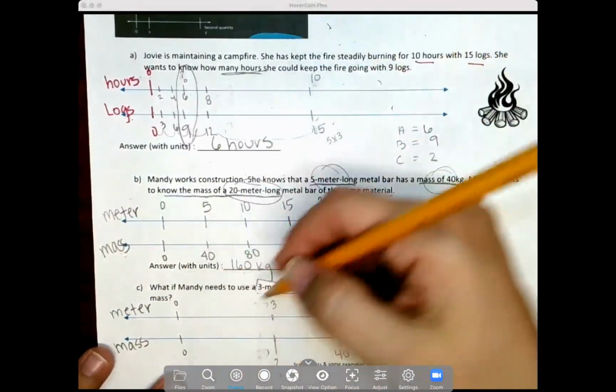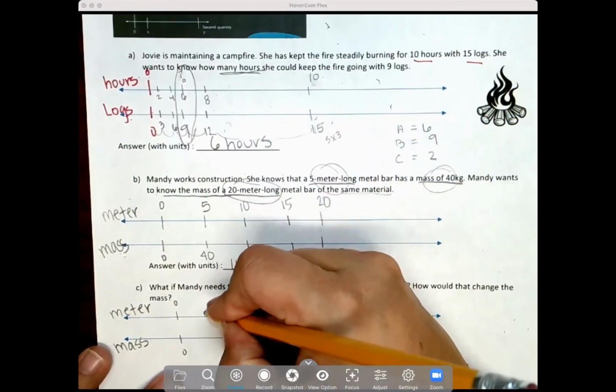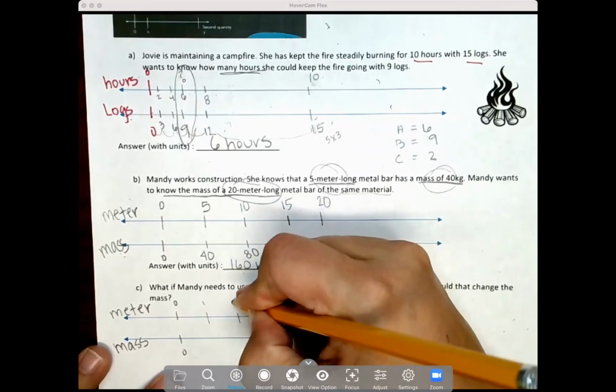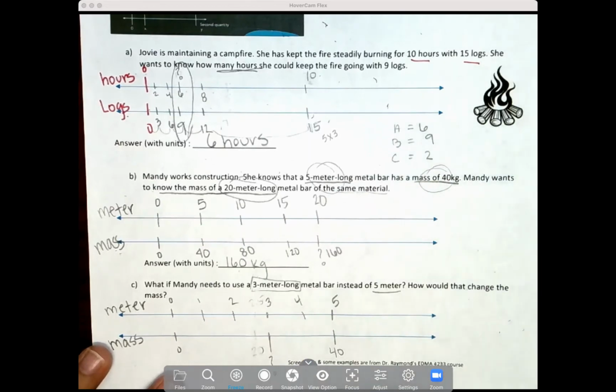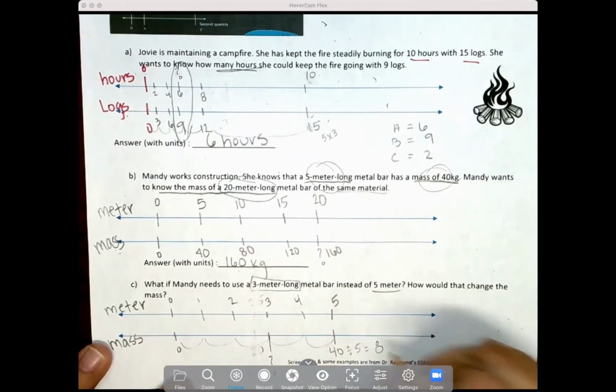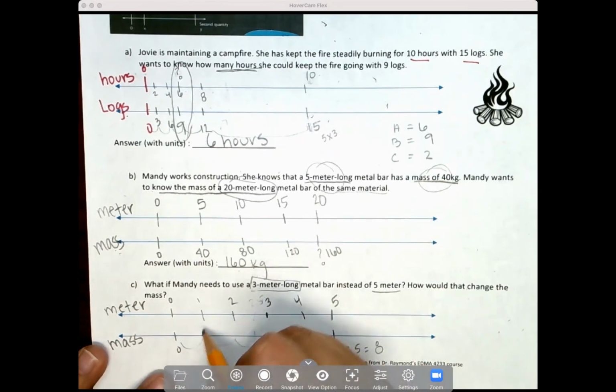And I'm going to say, well, it's only 0 to 5, so why don't I break it down by 1, 2, 3, 4, 5. If I break down 40 into 1, 2, 3, 4, 5, I can say 40 divided by 5. Oh, that's 8. Right? So I can make my sections counting by 8.